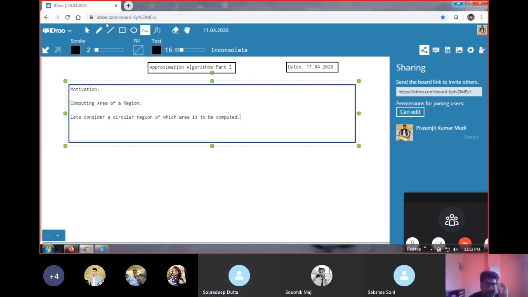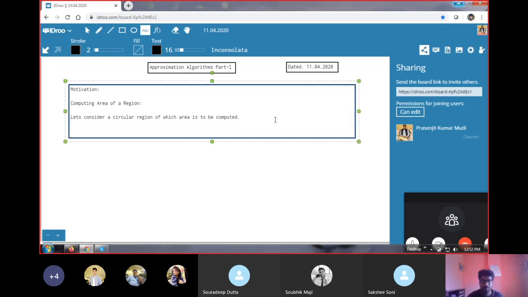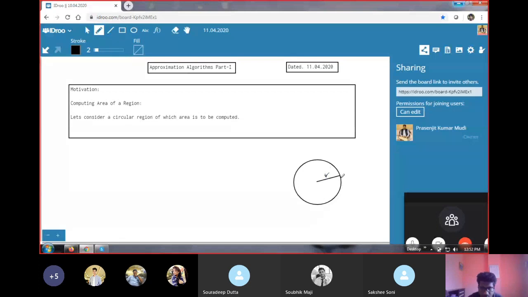So in the figure, let's say we try to draw a figure here. And this is the area. The radius is r.